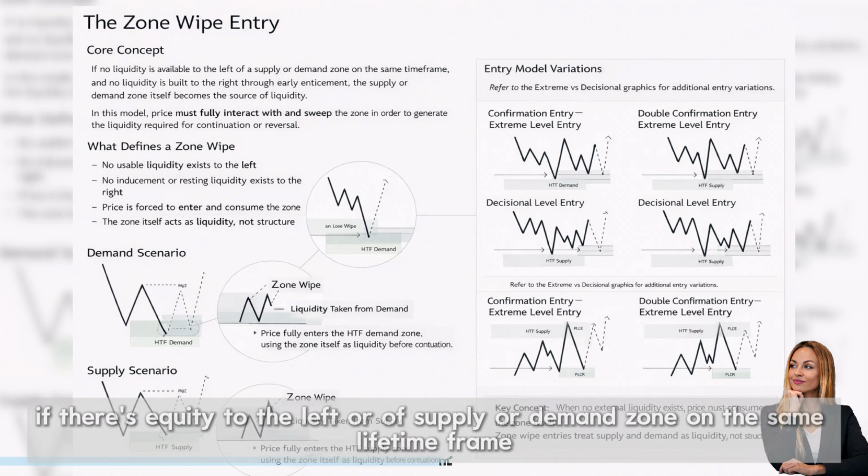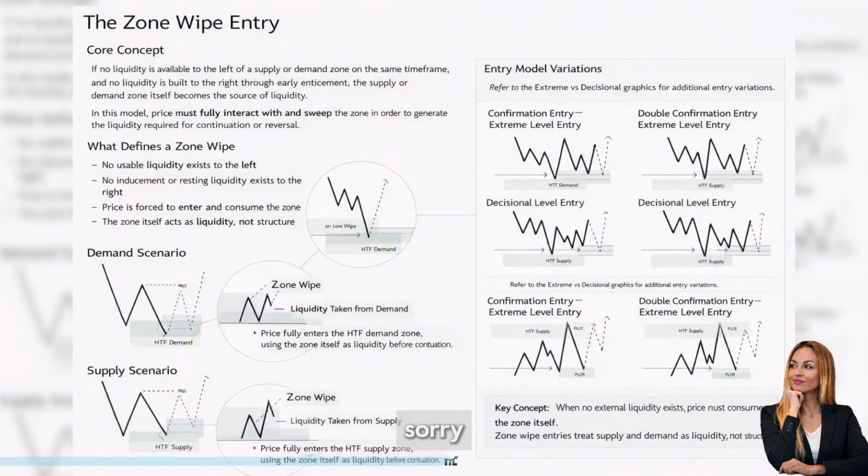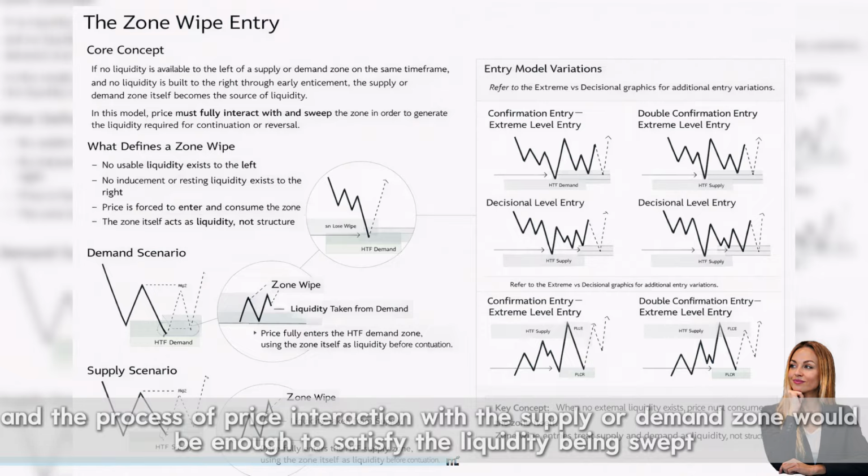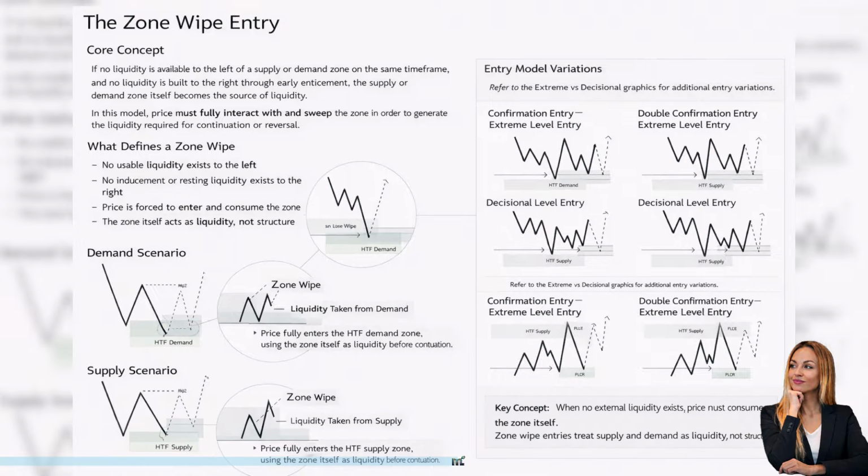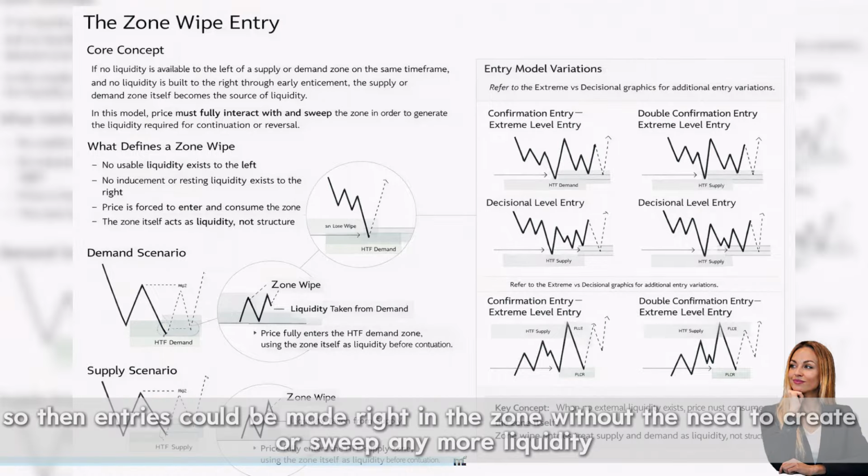If there's liquidity to the left of a supply or demand zone on the same time frame, the process of price interaction with the supply or demand zone would be enough to satisfy the liquidity being swept. So then entries could be made right in the zone without the need to create or swap any more liquidity.